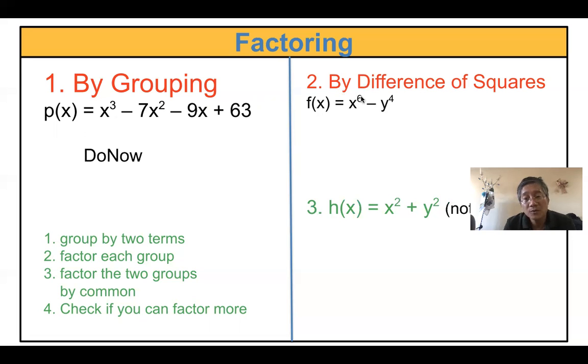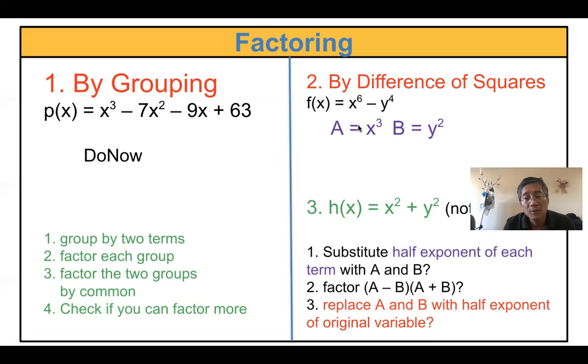First we should know these are even number powers. If they are not even number powers, we cannot do that. So a squared is x to the 6th power, and b squared is y to the 4th power.